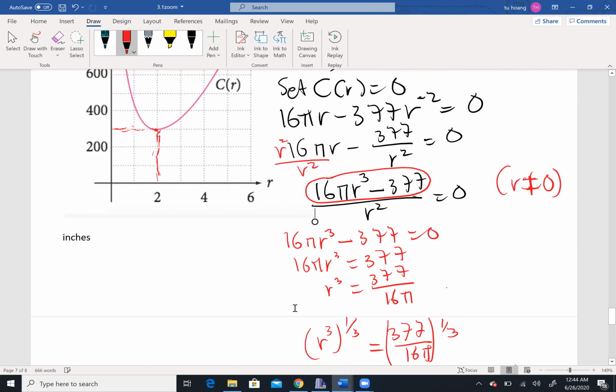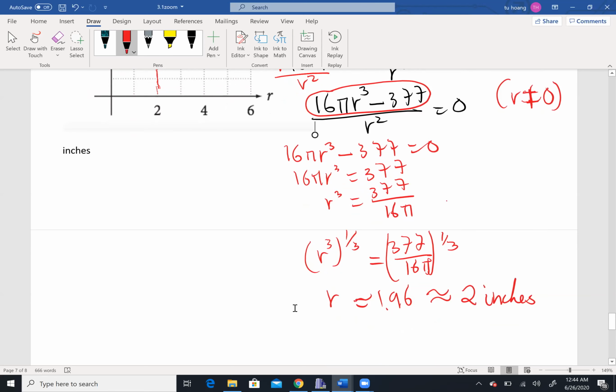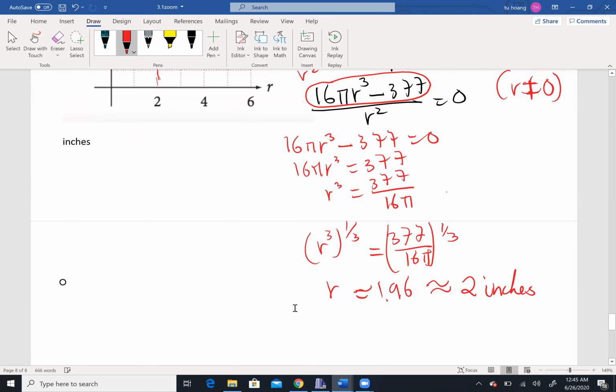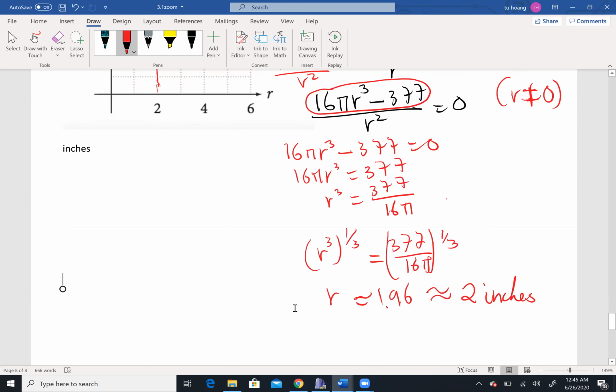If I ask you to do a quiz for this problem, you need to show me how you got this number 2. You cannot just give me the number 2, right? So that's what I need to tell you today.